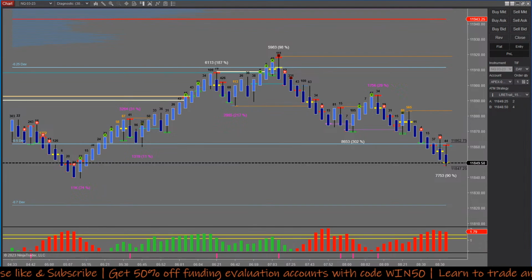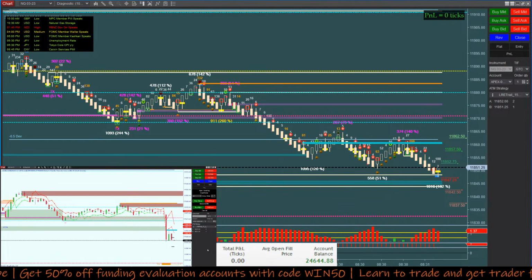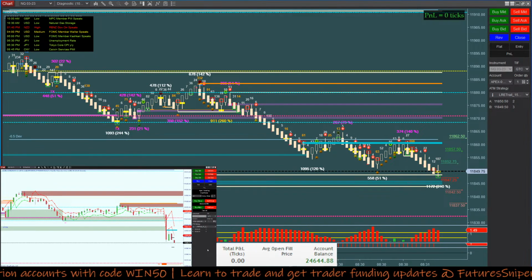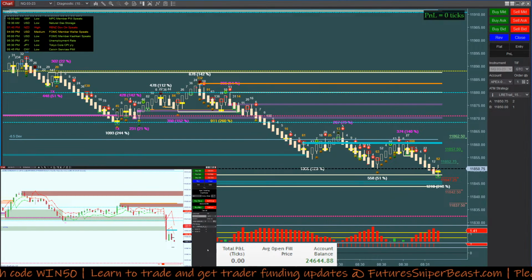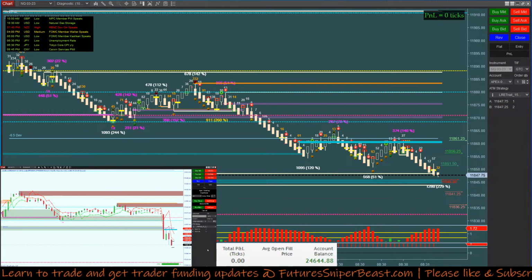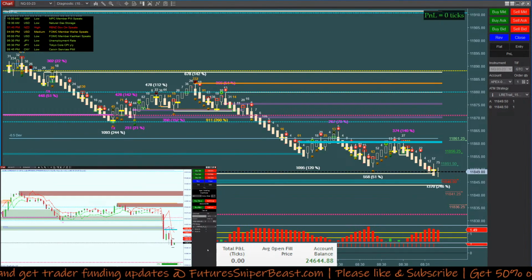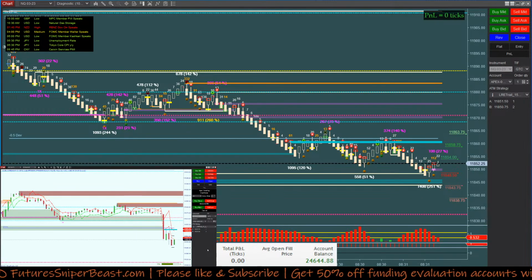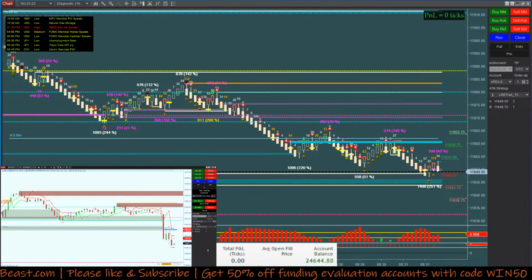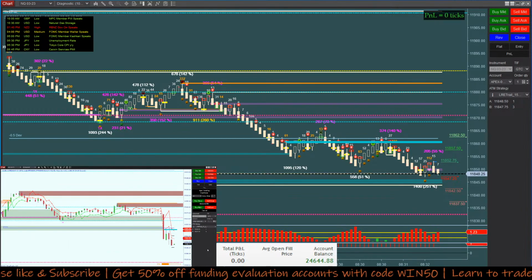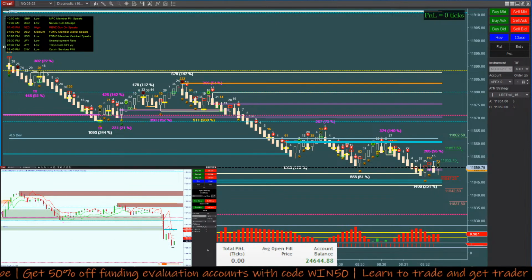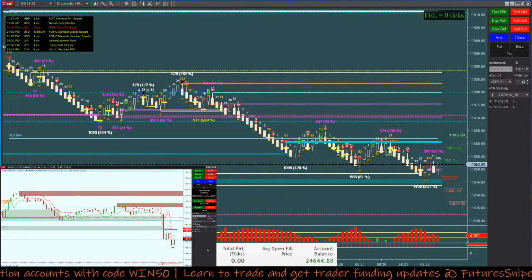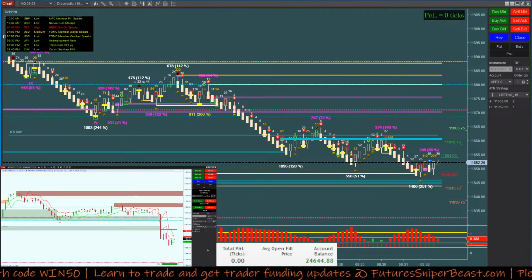Let's see what happens. Double cluster YM.